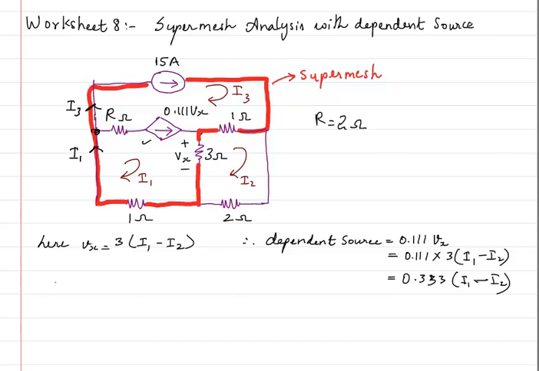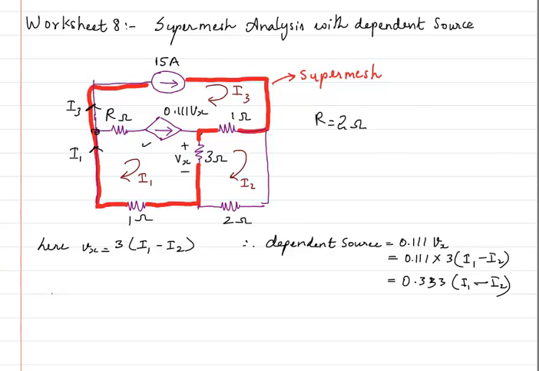From the circuit, I3 is equal to 15 amps, that is given. Then at node, let us name this node as 1.